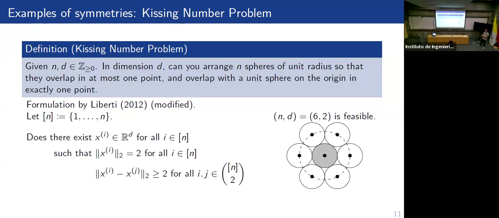You can write this down as a nonlinear program. We introduce vectors x_i, let's say the vector specifying what the center point of each of these outer spheres is going to be.